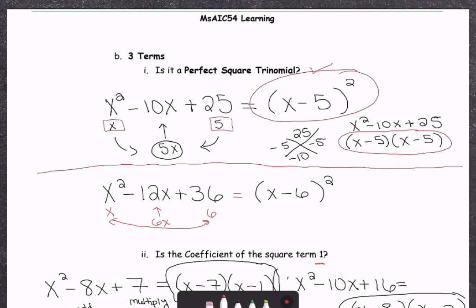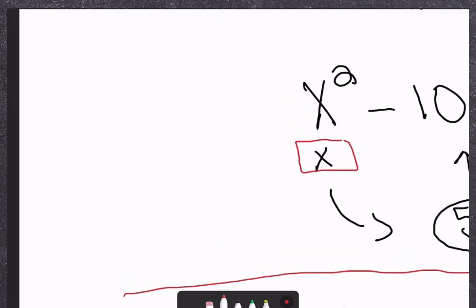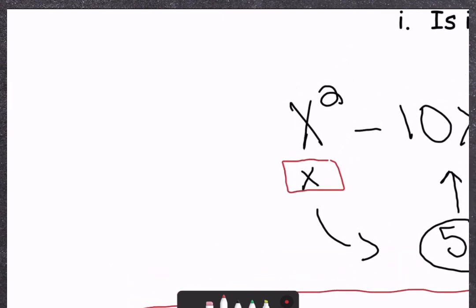I could do one more example real quick. I'm trying to think of something that has a plus sign. Okay, so if I had something like this, take the square root of the first, the square root of the last, and multiply them together.